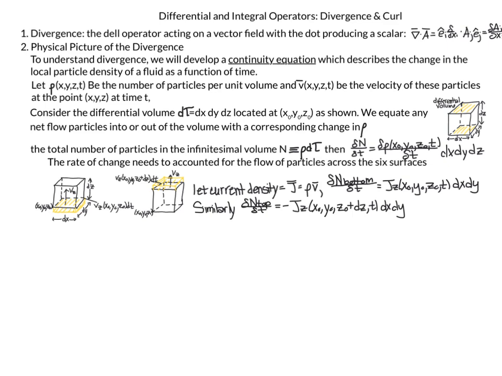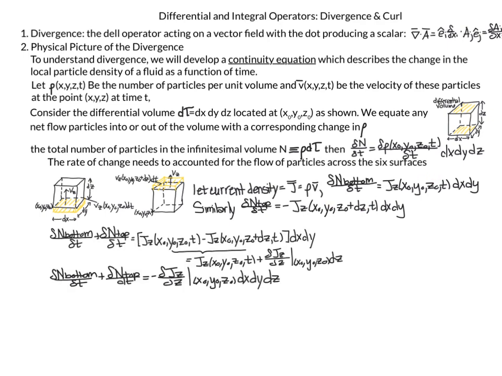Oh, and there's something I need to clarify. Because this is the bottom, our coordinate is x naught, y naught, z naught, t, but for the top, our z coordinate now changes to z naught plus dz. So these two are not the same.